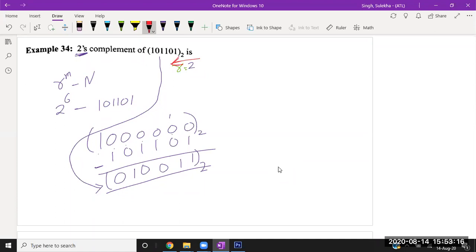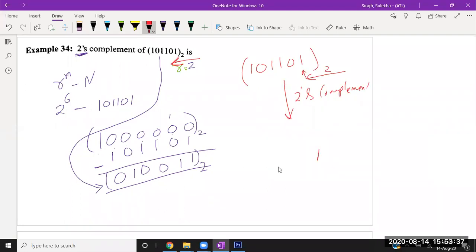Like in this case, your example is 101101. You need to directly convert it into its complement. So you will start from your right. This is the first one you are getting.